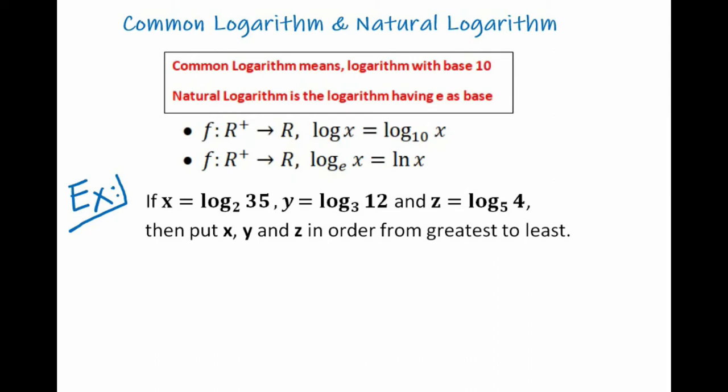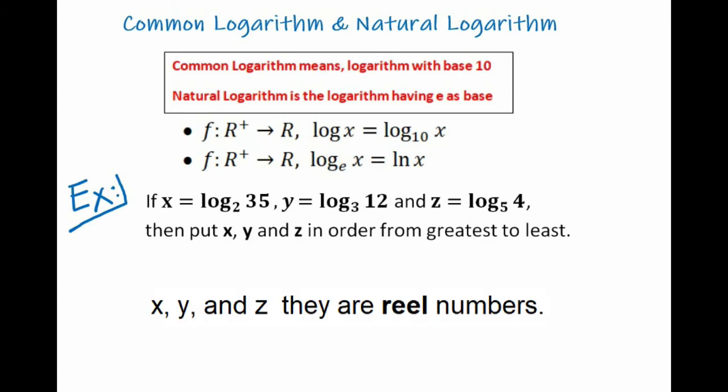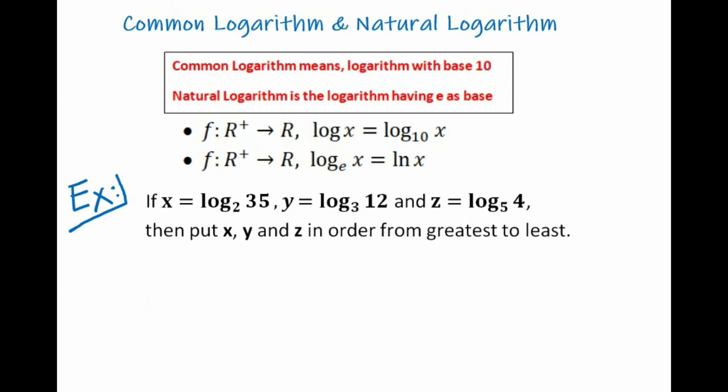We see that x, y, and z values are not integers. Why? Because if x was, let's say, logarithm of 32 in base 2, then we could say that x is an integer. How? Because 32 can be written as 2 to the power of 5, and the base is 2.